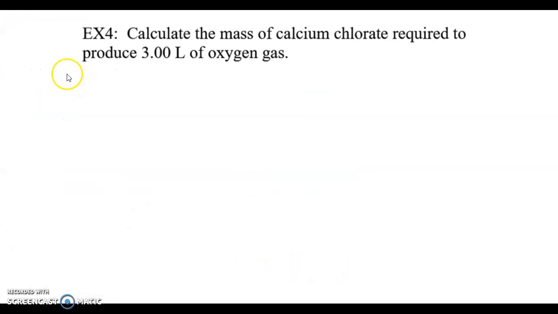All right, let's set it up. So the unknown is the mass of calcium chlorate you need. The known is the 3 liters of oxygen gas.